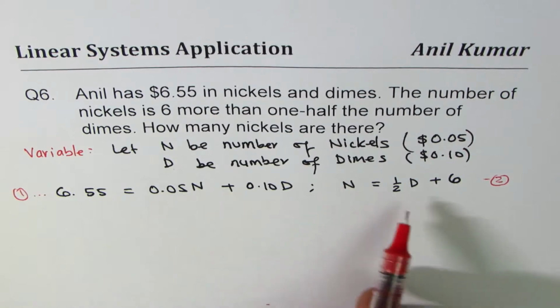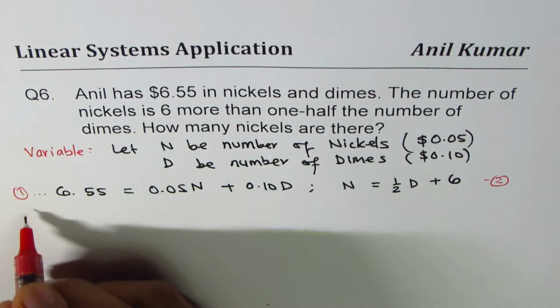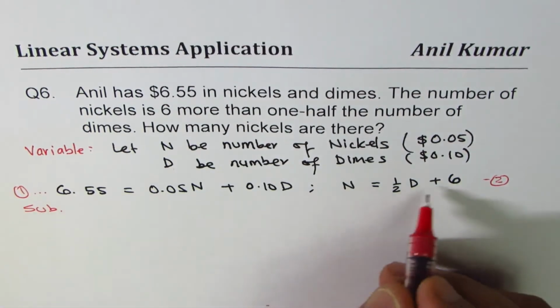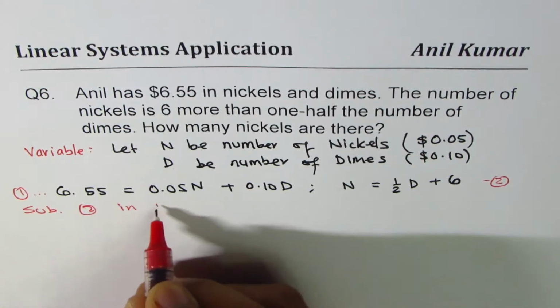So we have two variables and two equations. Therefore, we have a system of linear equations which can be easily solved. We'll use substitution. We'll substitute the value of n from equation 2 into equation 1.